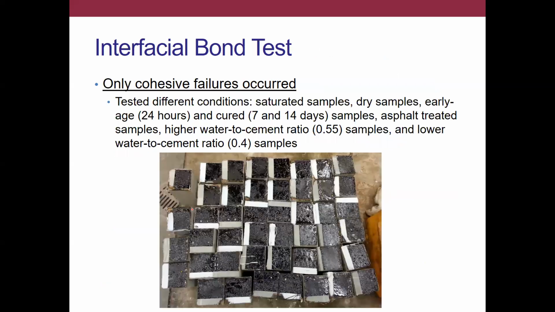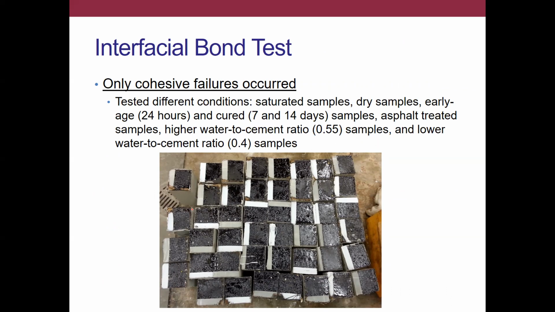And indeed, looking at quite a number of samples. So here what we did is create a 3-point bend setup where we took a mortar beam, cut it in half, cast an asphalt film at the interface, and then cast new cement mortar on the other half.